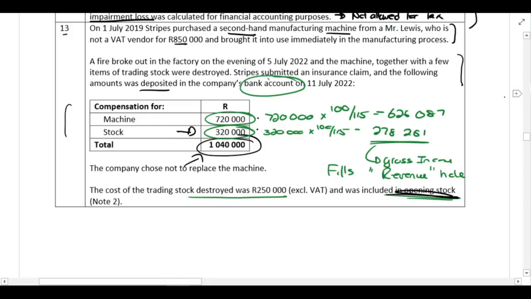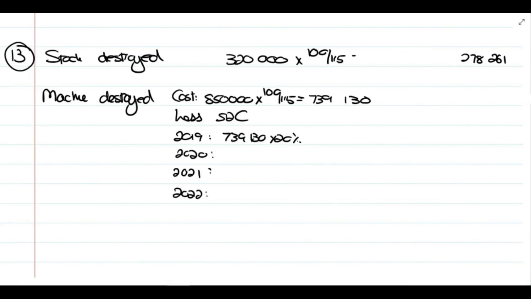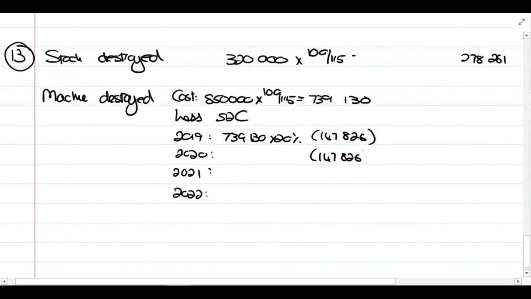Now, when was it purchased? The 1st of July 2019, so it's a 2019 year. And this is a second-hand machine, so in each year, we can only claim 20% under section 12C. So 147,826, 147,826, 147,826, 147,826.